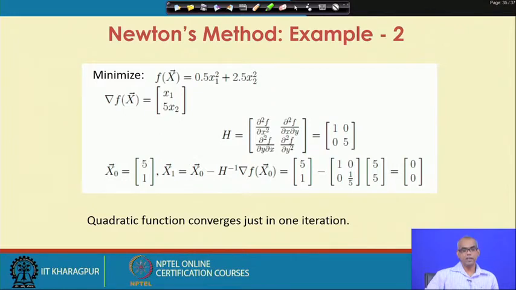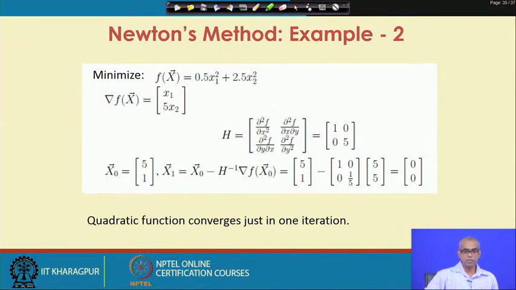Let us consider another example, again a quadratic function 0.5 x 1 square plus 2.5 x 2 square. The gradient is obtained as x 1, 5 x 2. Hessian will be a constant matrix because it is a quadratic function. It is obtained as 1 0 0 5, a positive definite symmetric matrix.